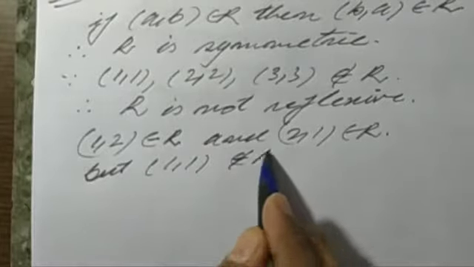Since 1 comma 1 does not belong to R, the criterion for transitivity is violated. So R is not transitive. In this way we have shown that R is symmetric but neither reflexive nor transitive.